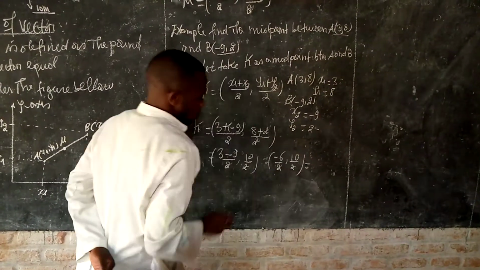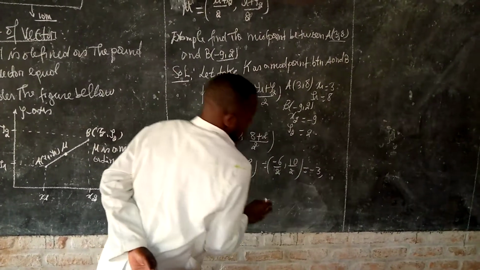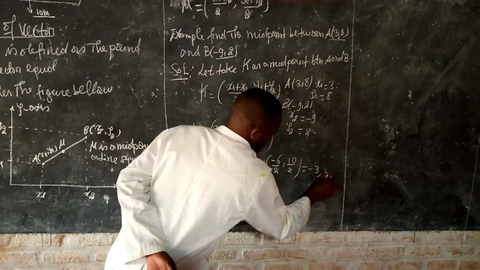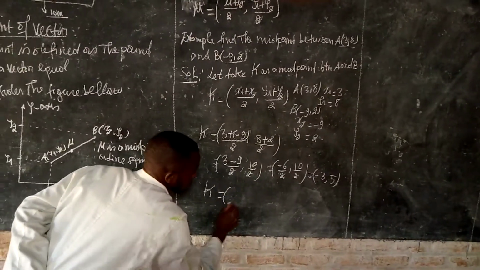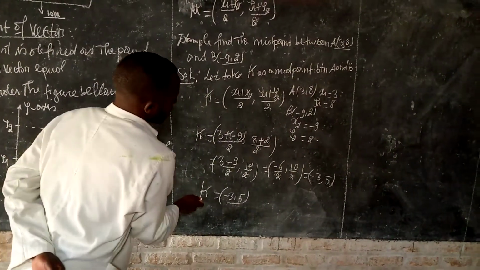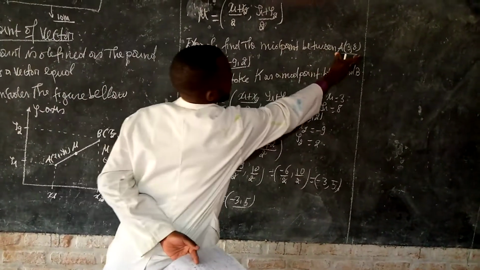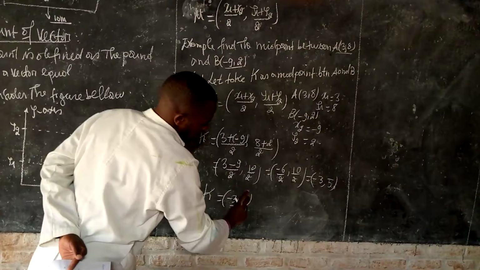Now -6 over 2 gives -3, and 10 over 2 gives 5. So the midpoint K is equal to -3 and 5. The midpoint between point A and point B is -3 and 5.